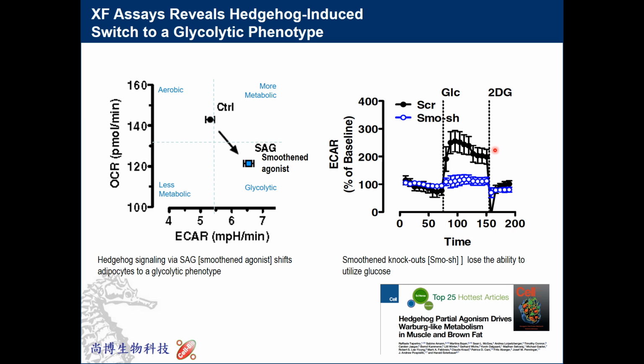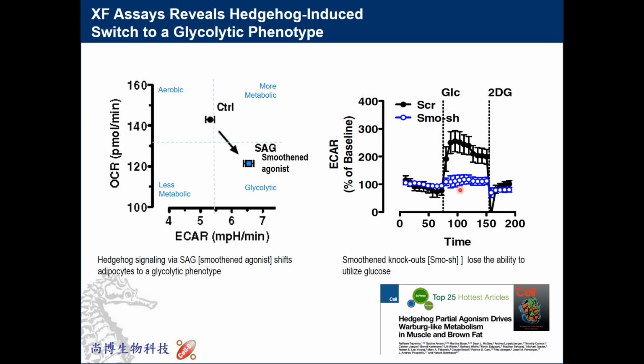And then how about if we knock down the receptor of the Hedgehog signal pathway? You can see there is almost no increase, almost no change. And at the same time, we can find in in vitro and in vivo assays, the cancer occurrence rate decreased very obviously.